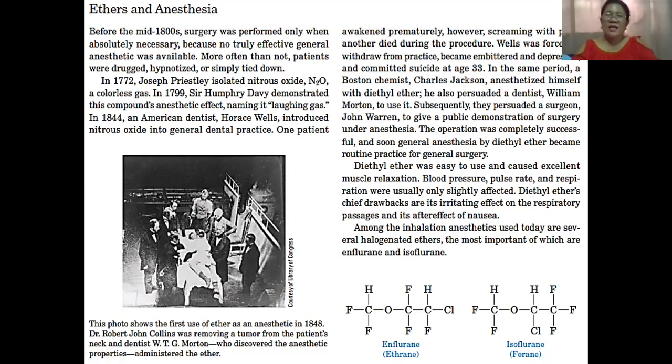That is why he became depressed. So it was Charles Jackson who persuaded a dentist, John Warren, to use it, and it became successful. Until now, diethyl ether is used as an anesthetic. It is easy to use, and it relaxes our muscles. It has only slight effects on blood pressure, pulse rate, and respiration.